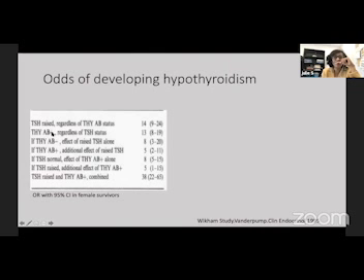Whereas if they have antibody positive, regardless of the TSH titer, that's almost similar. And what I want you to see is that a TSH alone or antibody alone, they tend to have similar risk of odds of developing hypothyroidism.